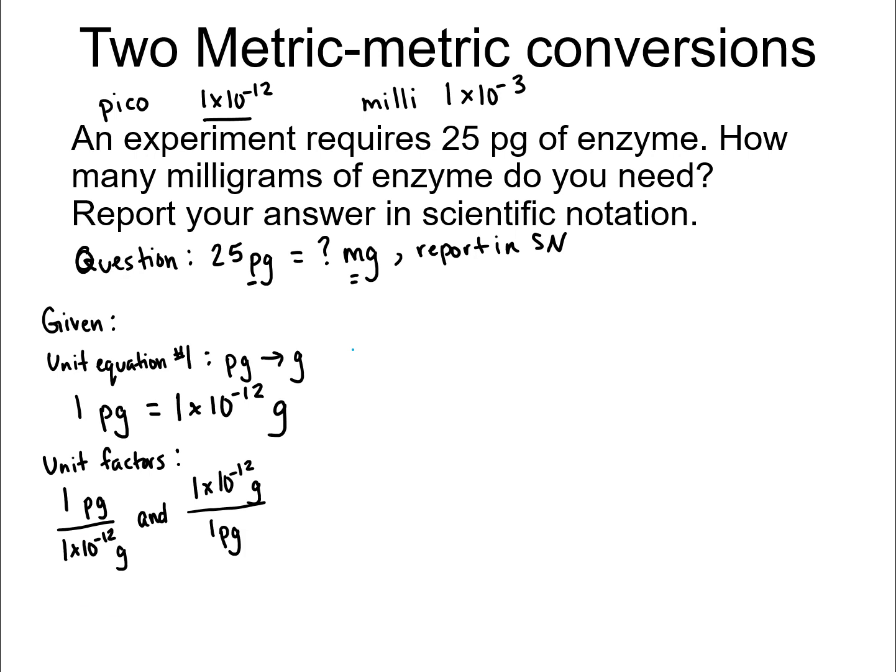I'll do the second unit equation in a different color so that it stands out a little bit. And I'll keep the colors going the same way throughout when we're writing our equation as well. In the second part, we have to go from grams to milligrams.